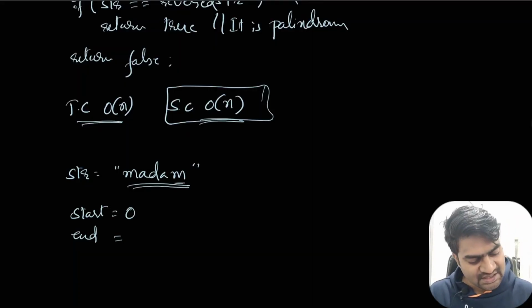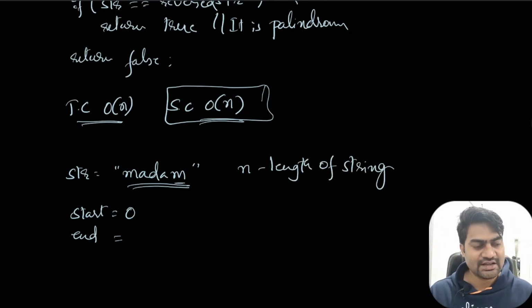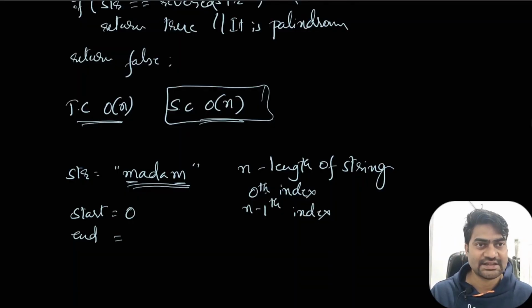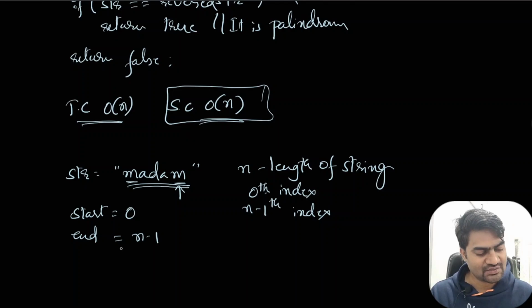So if n is the length of the string, and the first character resides at the zeroth index, then the last character will reside at the n minus 1th index, correct? So our end pointer should point here, which is n minus 1, where n is the length of the string.